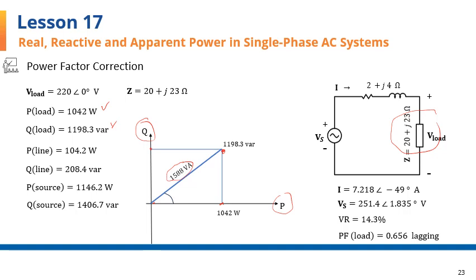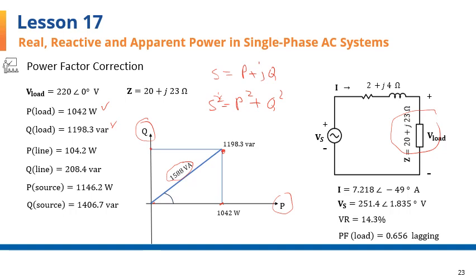apparent power. The apparent power can be found as square root of, well, let me write it as, first of all, S equals P plus JQ, which means that S squared equals P squared plus Q squared, which is the Pythagorean relationship or equation for this right triangle.